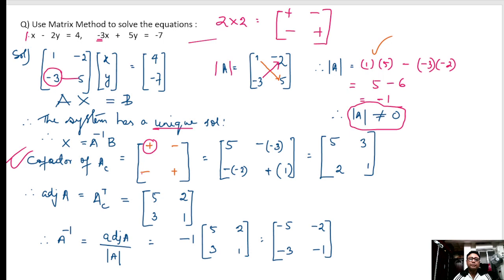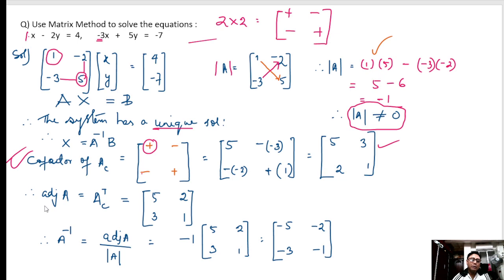Next, for this position, leave this column and this row. What is left? 1. For this position you will write 1, with a plus sign. That means this ultimately becomes this matrix. So this is how you find the cofactor matrix.